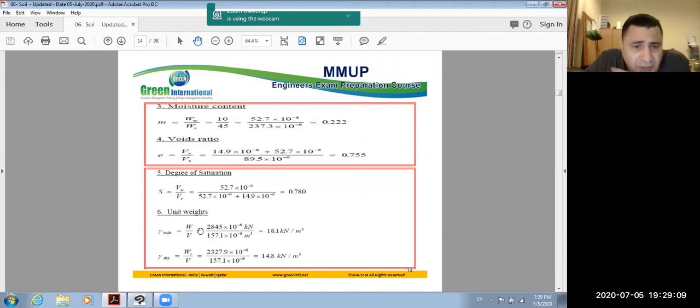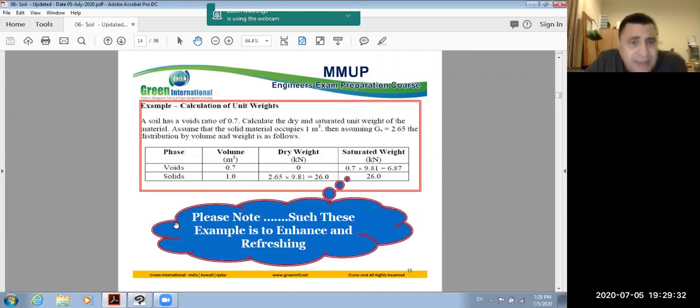All the distribution, the degree of saturation, moisture content, the void ratios and the unit weights, everything is coming to you here, and you can try to solve it on your own, or follow this calculation. In the end, you will enhance your calculation and memorize all the formulas I gave you. This is the same example calculation of unit weights, but a different example.